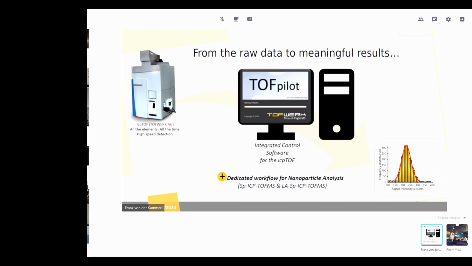Then you will see that if you would measure everything, you would retrieve per measurement terabyte sizes of files with millions of information in terms of elemental distribution and particles.